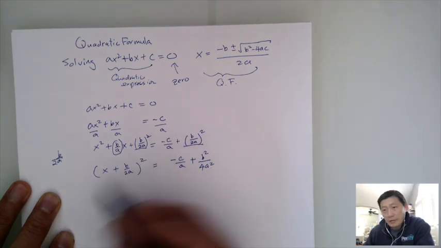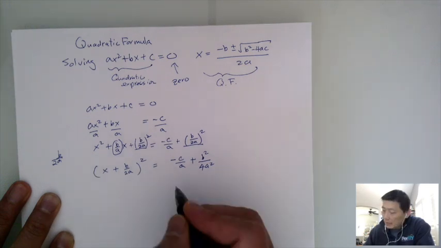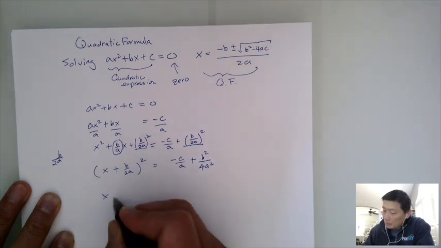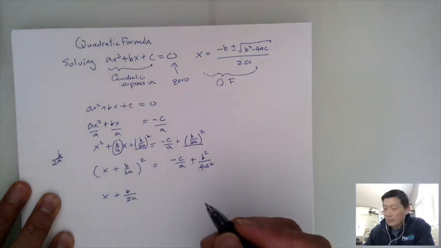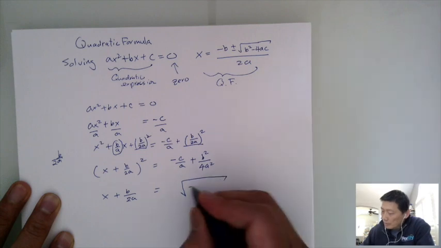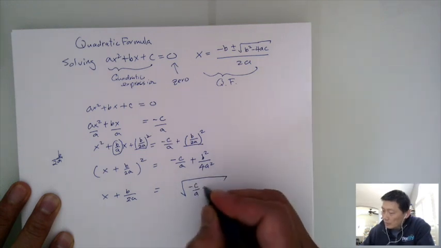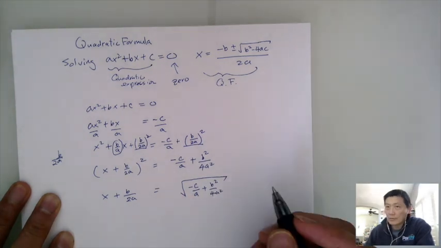Now, if I look at the left side of the equation, I have parentheses squared. If I want to get rid of the square, then I take the square root on both sides. I end up with x plus b over 2a equals the square root of negative c over a plus b squared over 4a squared.